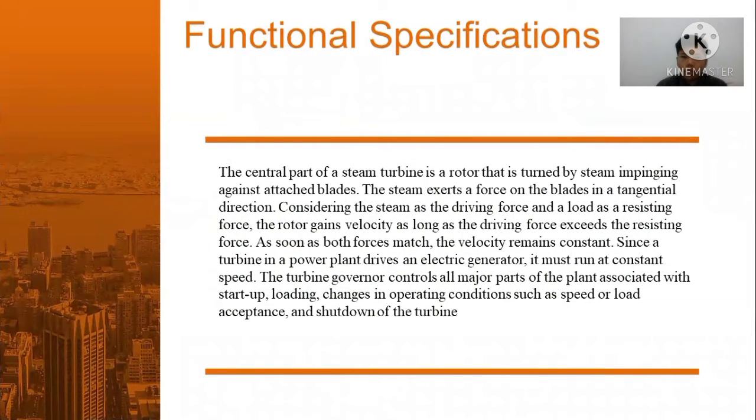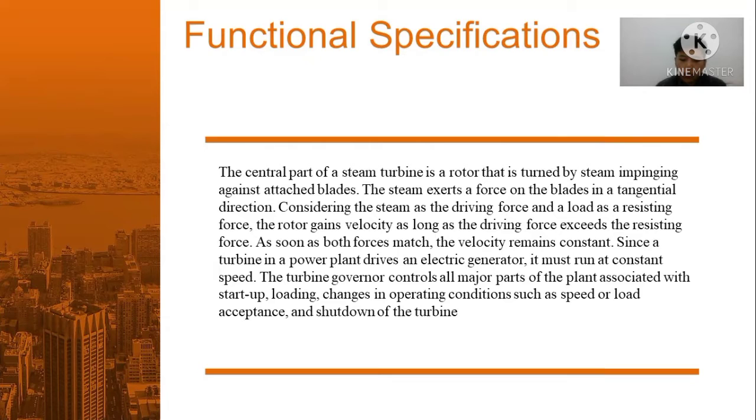Next, functional specification. The central part of a steam turbine is a rotor that is turned by steam impinging against the blades. The steam exerts a force on the blades in a tangential direction, considering the steam as the driving force and a load as a resisting force.